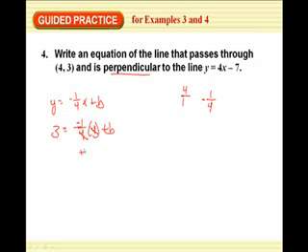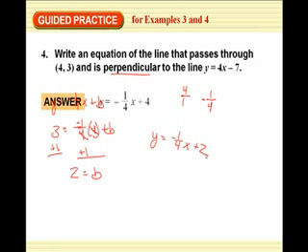Yep. So add 1, add 1. 2 equals b. So y equals -1/4 x plus 2. Oh, plus 1. What's 3 plus 1, everybody? Even had it written right.